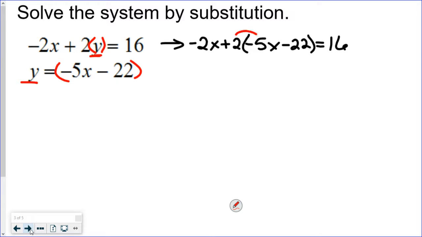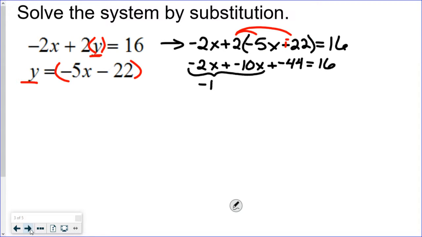Okay, now I get to distribute, and I have to solve for my variable. That gives me a negative 10x when I distribute, and a negative 44, because 2 times negative 22 is negative 44. Okay, how many x's do I have? I have a negative 12x, and I'm copying everything else, so I'm showing all my work so I don't make a little piddly mistake.